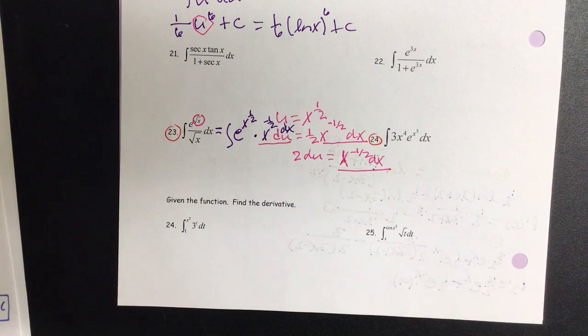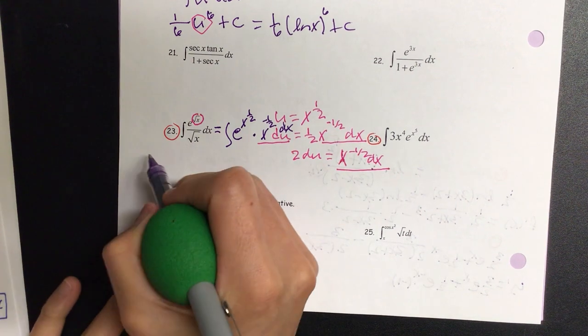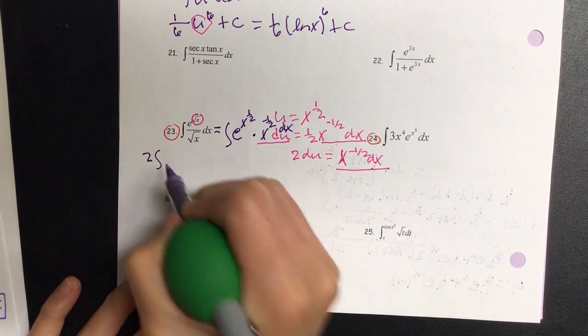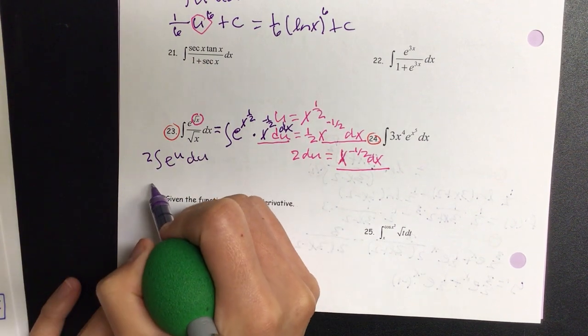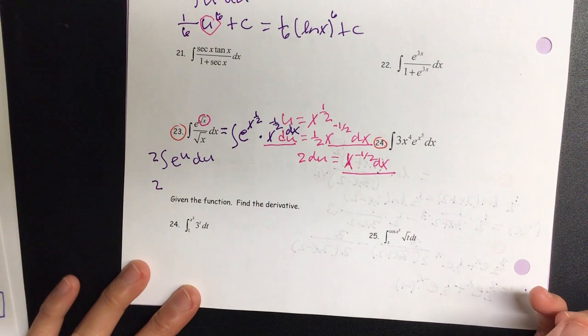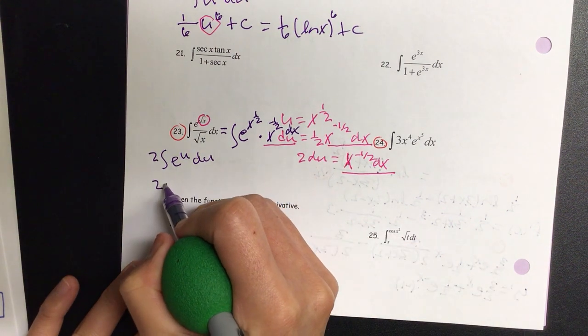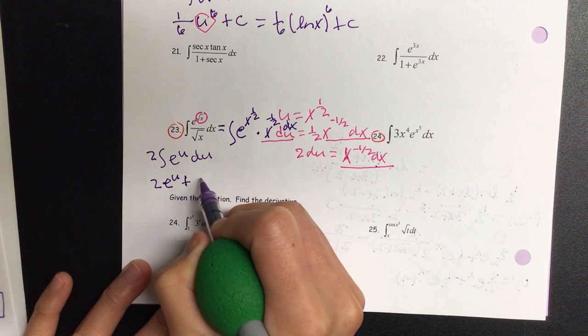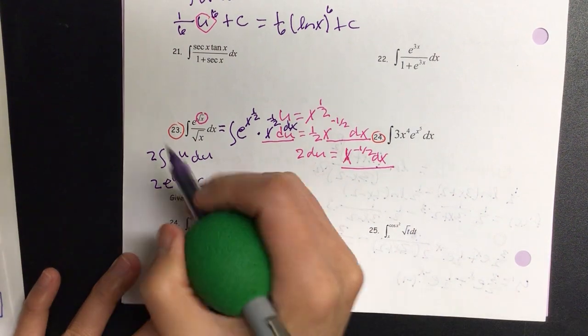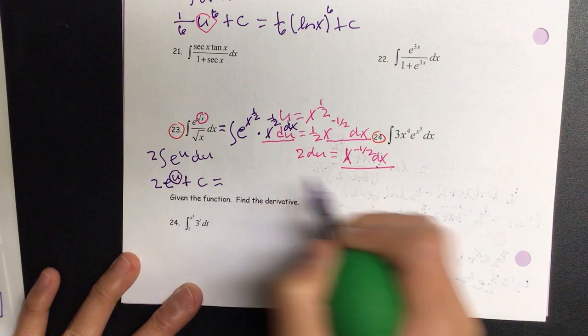So let's go ahead and rewrite it in terms of u. What's going to come outside of the integral? 2. Then I have e to the u du. And leave a 2 again. So antiderivative of e to the u is e to the u plus what? Plus c. And then all I need to do is plug it back in terms of x.